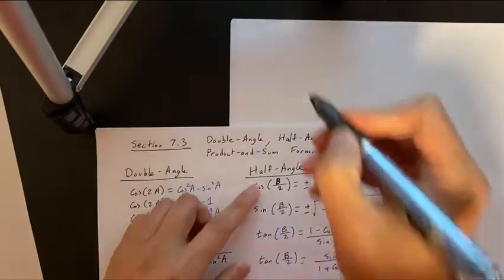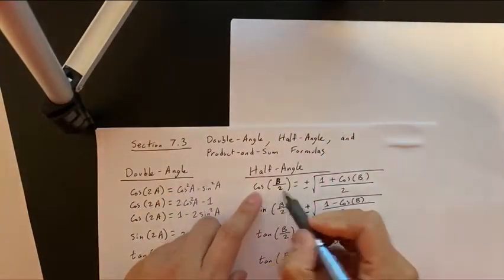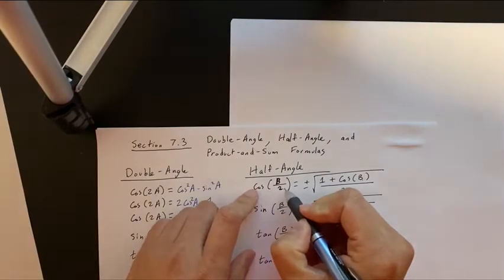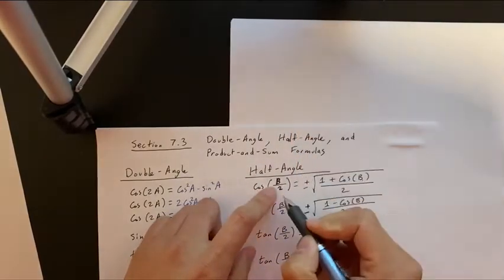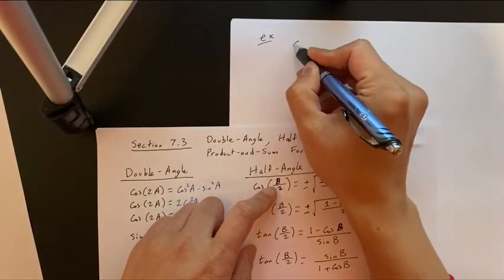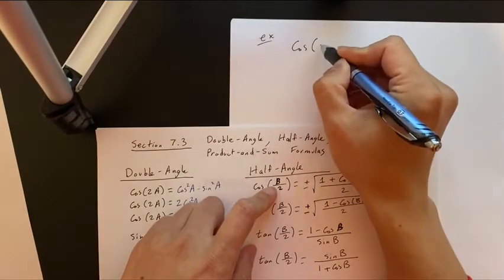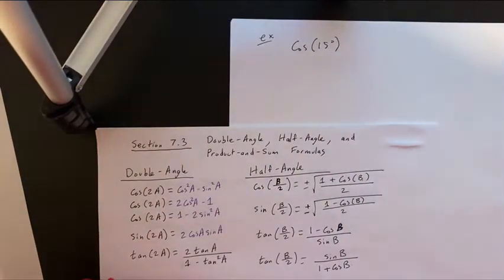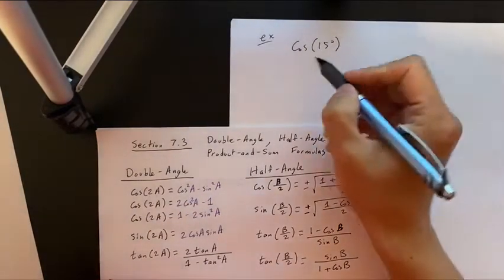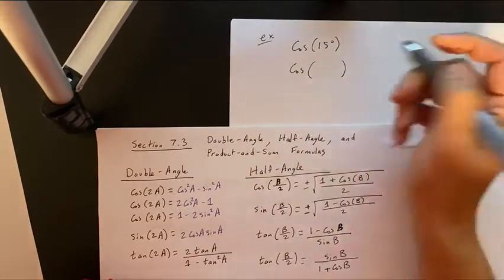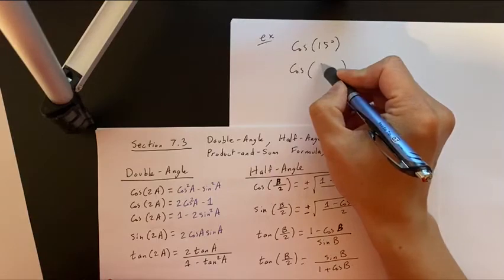So a very good application of this would be any sort of an angle that is half of a nice angle. So let's say I want to figure out what is cosine of 15 degree. 15 degree is not a nice angle, but 15 degree is half of a nice angle. Okay?